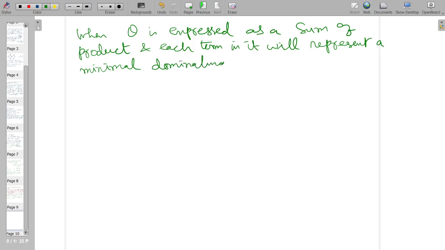Let us explain this method using this example. I will work out two problems.